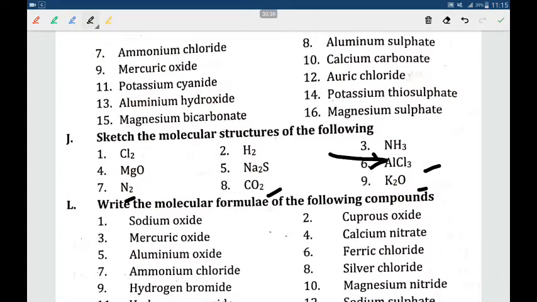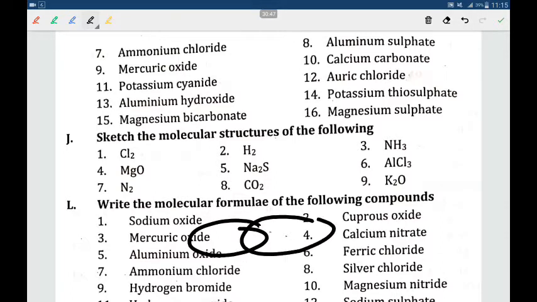In electrovalent bond, you have to show plus and minus, but in covalent bond, you have to share the electrons and show single line, double line, or triple line.